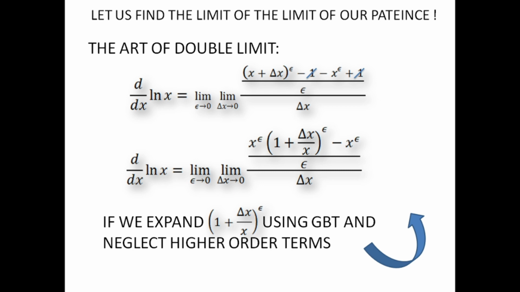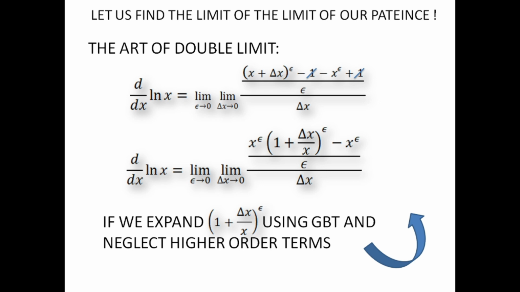If you do some simple algebraic operations, this minus 1 and that minus of minus 1 cancel out. So now we have x plus delta x power epsilon minus x power epsilon divided by epsilon in the numerator and delta x in the denominator. So now the differential of ln x becomes limit epsilon goes to 0, limit delta x goes to 0.